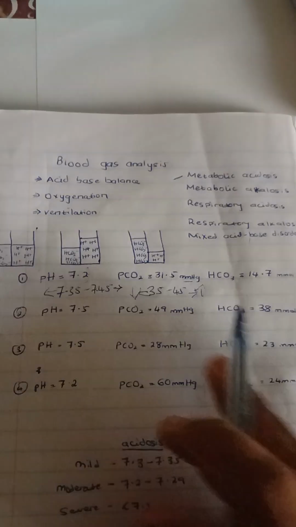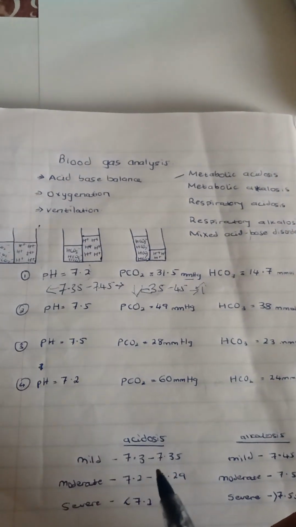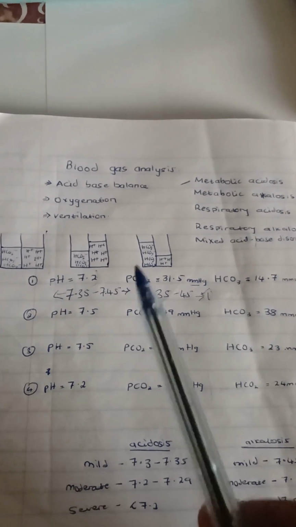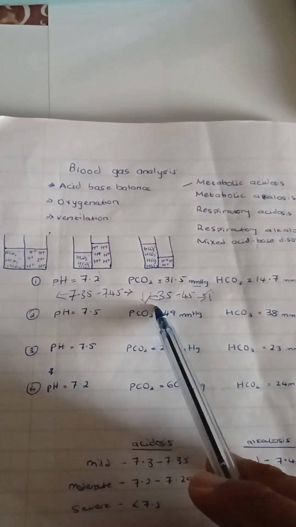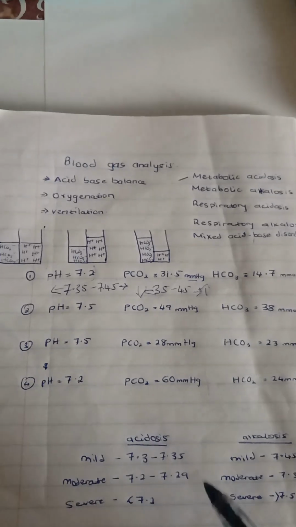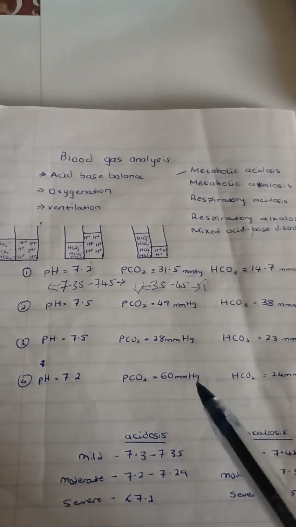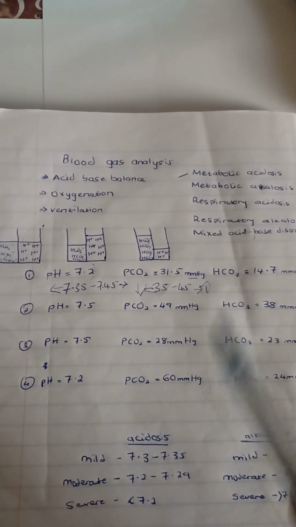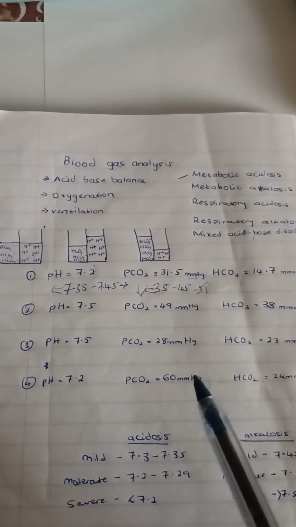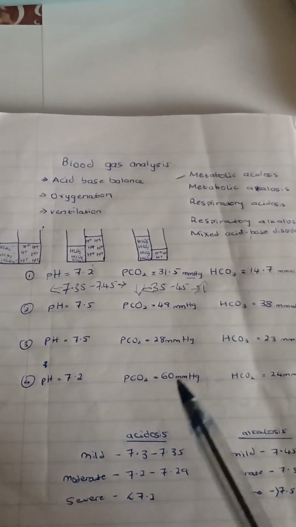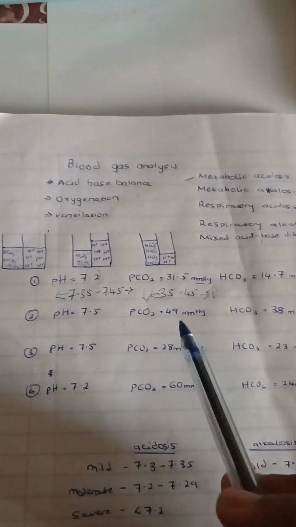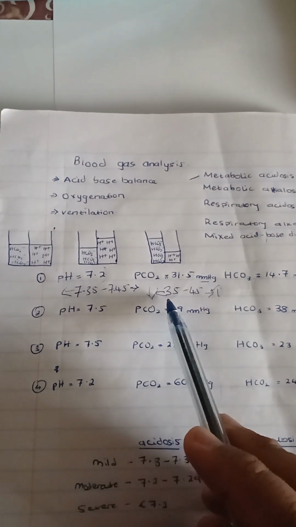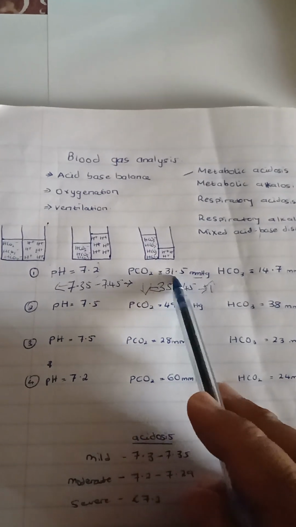Now, if we are just looking at it in isolation, and we see that PCO2 has gone below normal, then there are two possibilities. Either it is the primary problem or it is the compensation. For example, let's say the PCO2 in this state is 31.5.